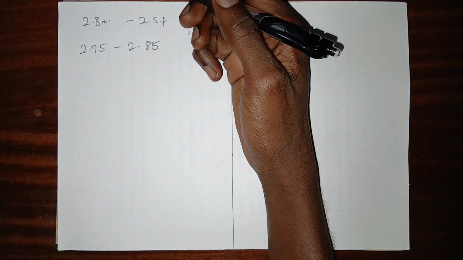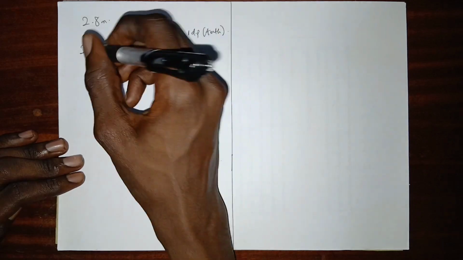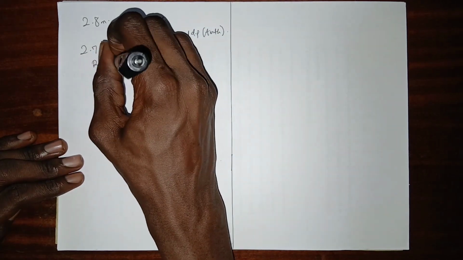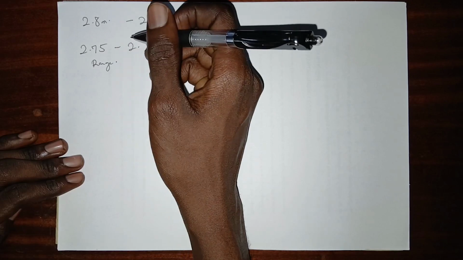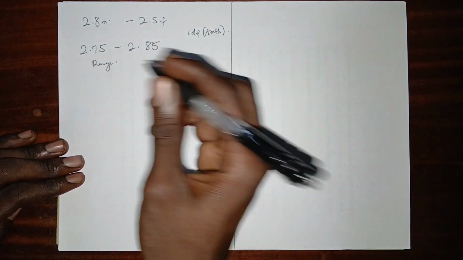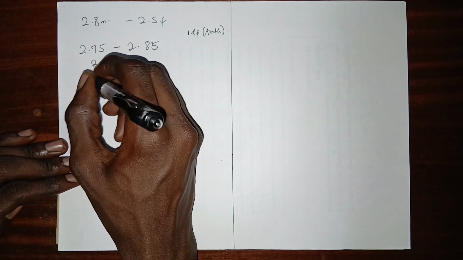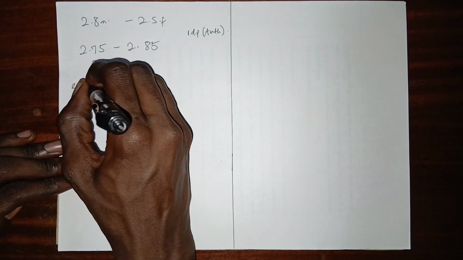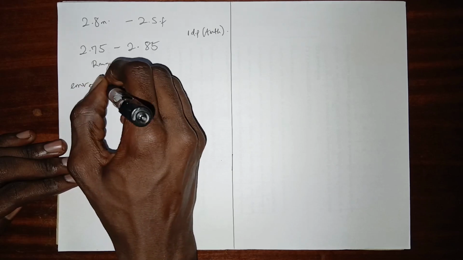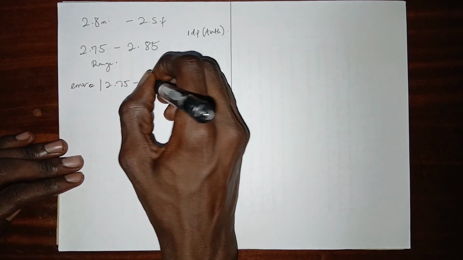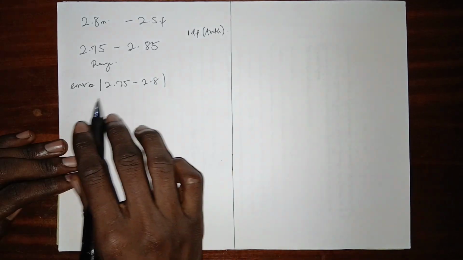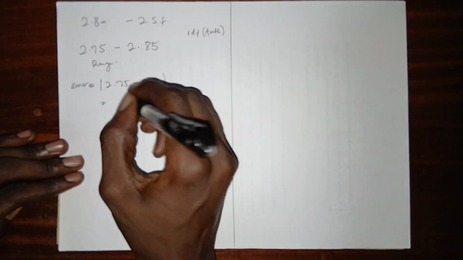We already have the possible range. To get the error, you can take any of these and find the absolute difference, like we did in our last video. That'll be 2.75 minus 2.8.